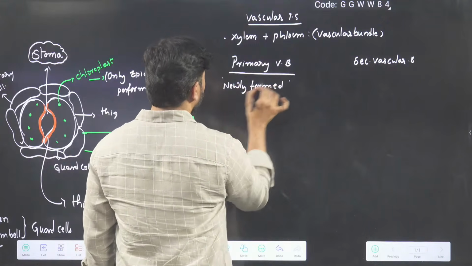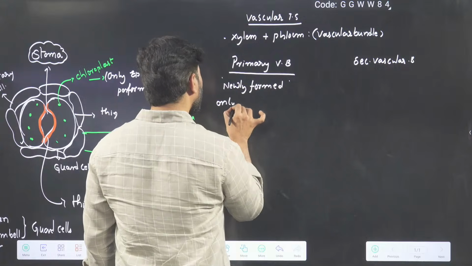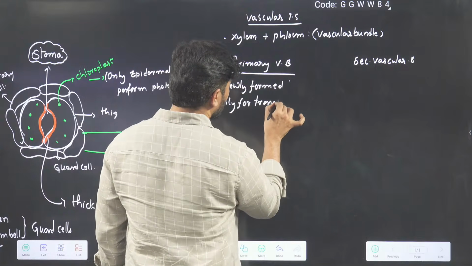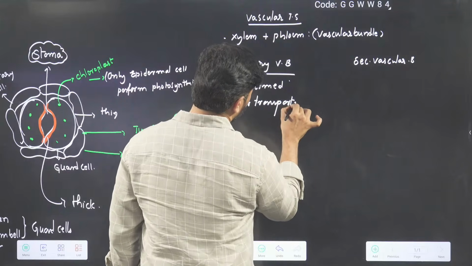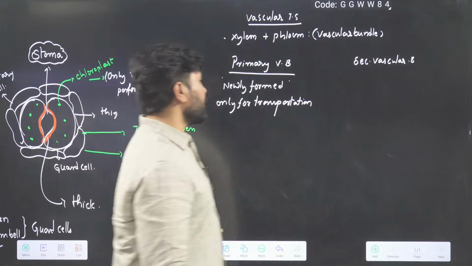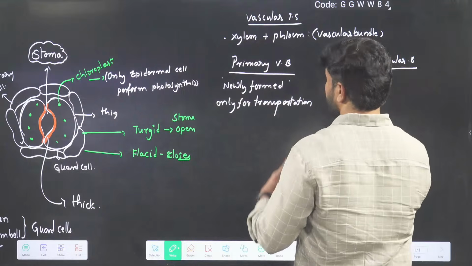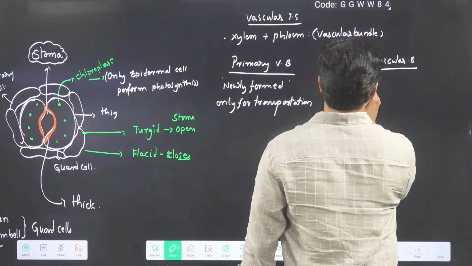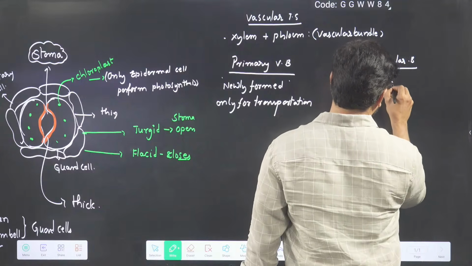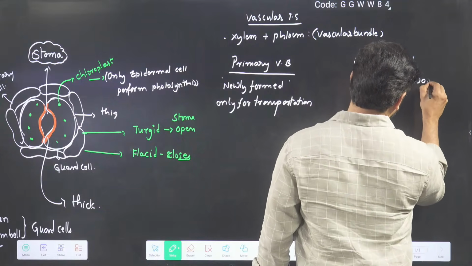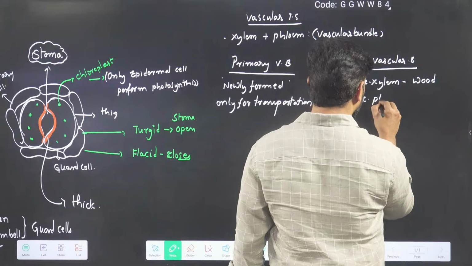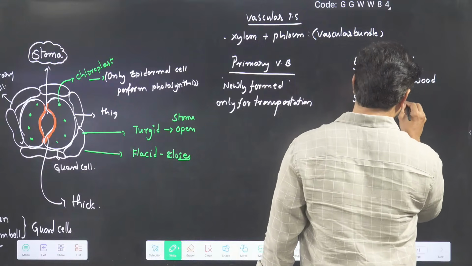Only for transportation. Their work is generally transportation. What about secondary vascular bundles? Secondary xylem, the major part, is called wood. Secondary phloem, commonly called bast.